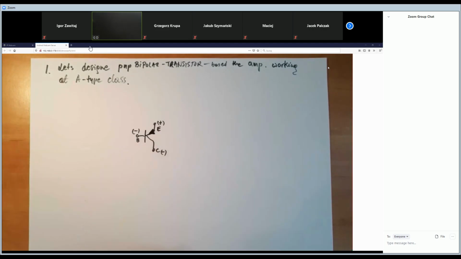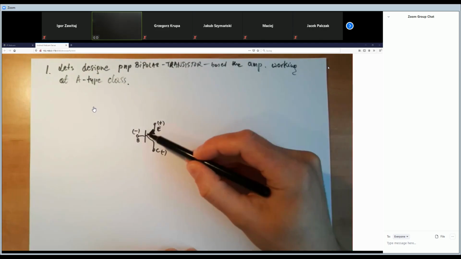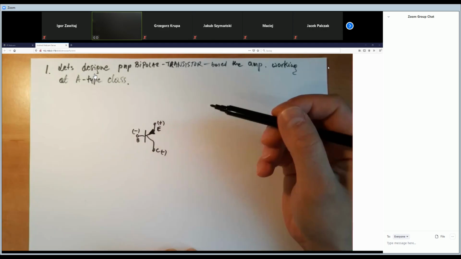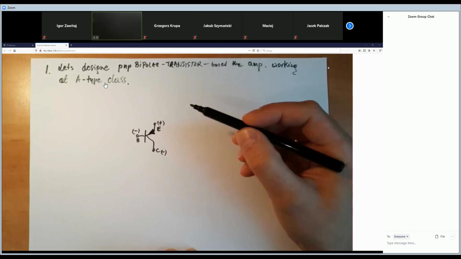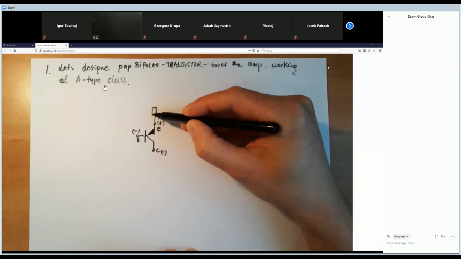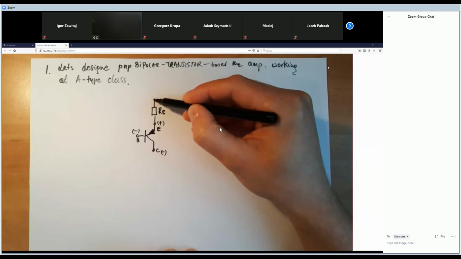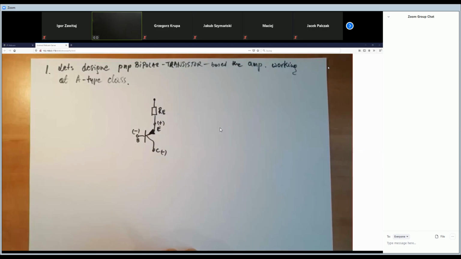Okay, so we've got the emitter here. If you remember well the last example from last week, at the emitter we have some resistor RE. We can put it here, the emitter resistor. It is a good idea because this is negative feedback. In fact, that type of amplifier is much more stable.